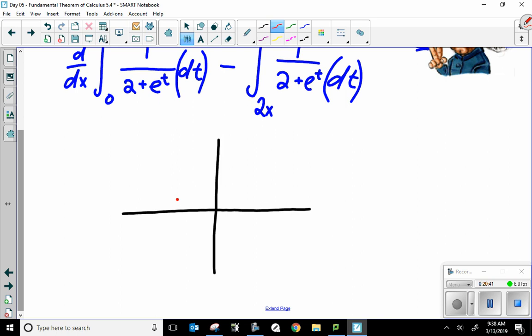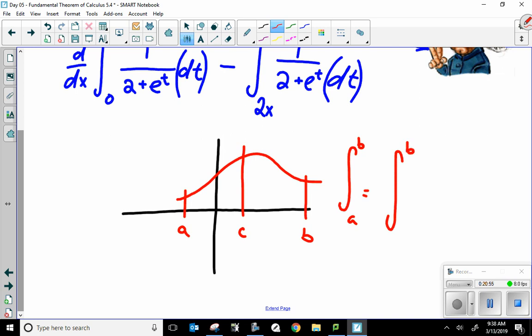So let's say here's a point C, here's A, here's B. I can take the integration from B to A. It's the same thing as taking the integration from B to C and subtracting the integration from C to A. I can take these two parts. Ultimately, it works out perfectly. It's one of our rules, and that's exactly what we're doing right here.